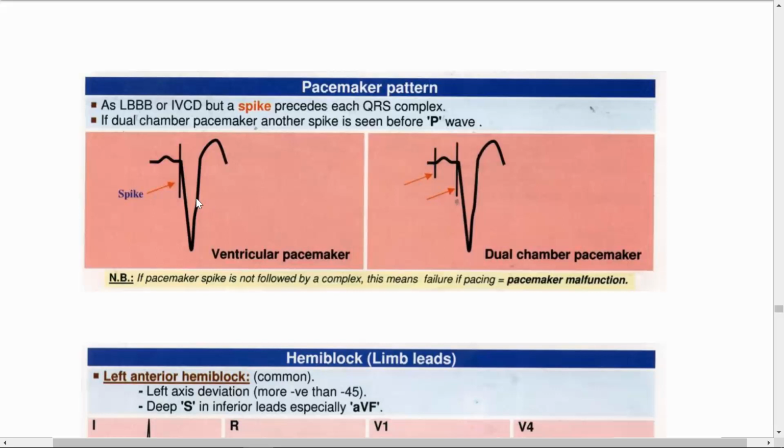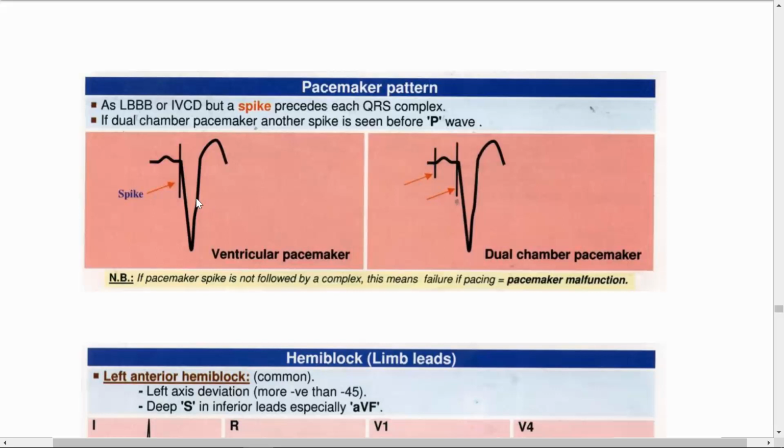How we know that is the right ventricle? Because once it's the right ventricle, what pattern will it give? Left bundle branch block morphology or right bundle branch block morphology?